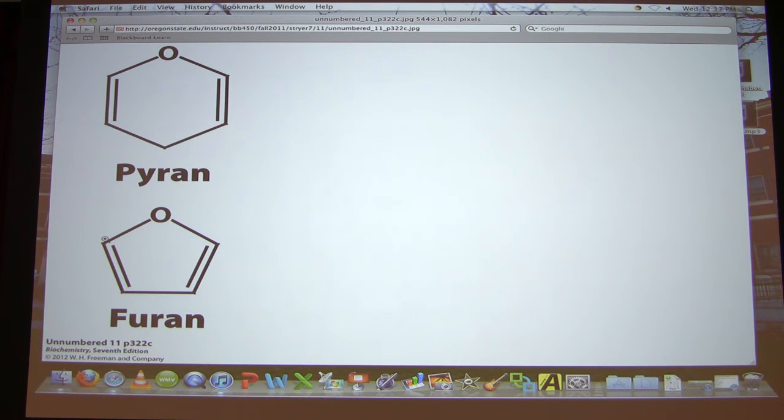Sugars that form 5-membered rings are known as furanoses. 4 carbons are in there. Okay? Can a 6-carbon sugar form a pyranose? Yes. Can a 6-carbon sugar form a furanose? Yes. All right? We're only counting the number of carbons in the ring. Other carbons can be sticking off, as we will see.